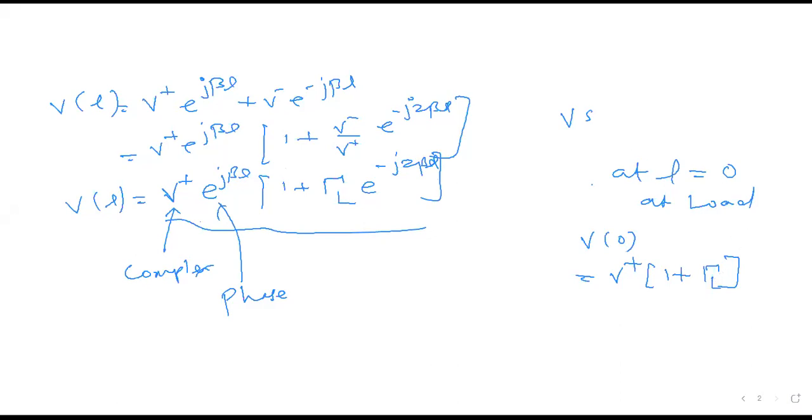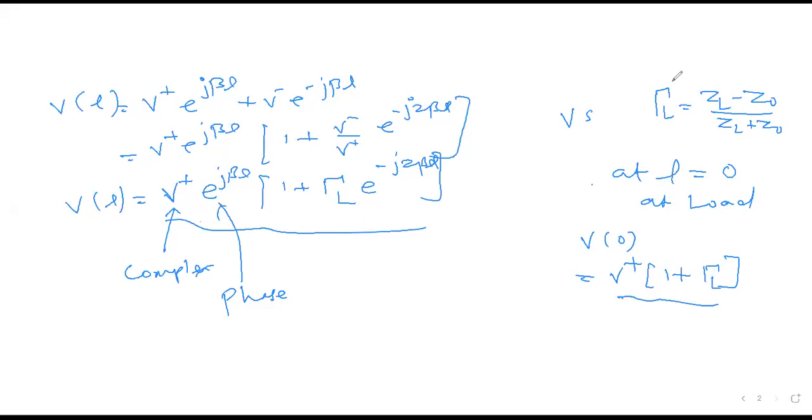So what did Sohan reply? That at 0 it will be minimum. See, at 0 what is happening? This is V plus into 1 plus gamma L. Will this ever become 0, because this is 1 plus something? We have already seen gamma L, which is ZL minus ZO upon ZL plus ZO.